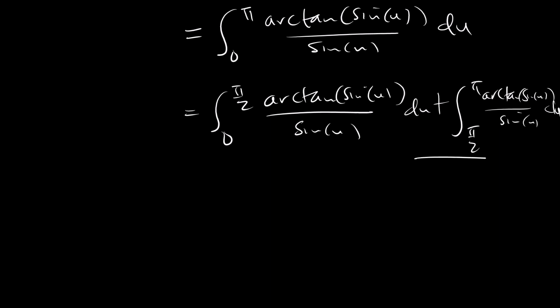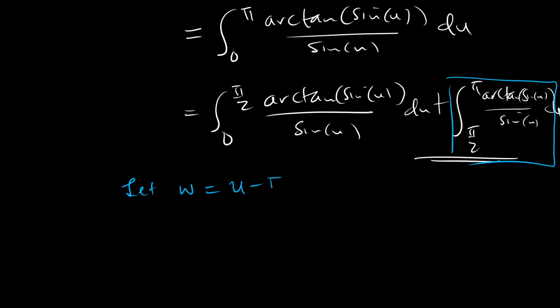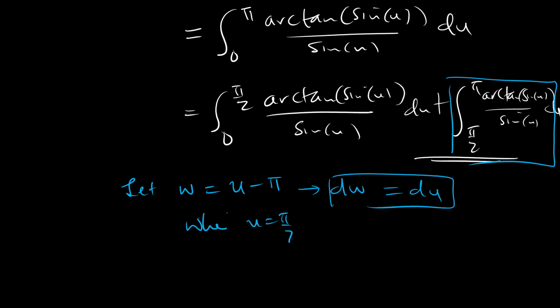Let's focus on this integral, and let me probably use blue just to highlight that. Let w be equal to u minus pi. That means that dw is equal to du. When u equals pi over 2, w is equal to negative pi over 2. When u equals pi, w is equal to 0.